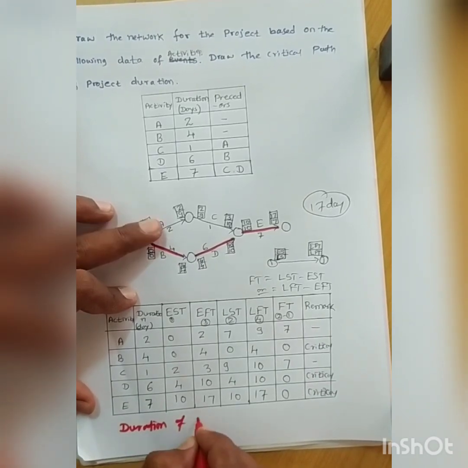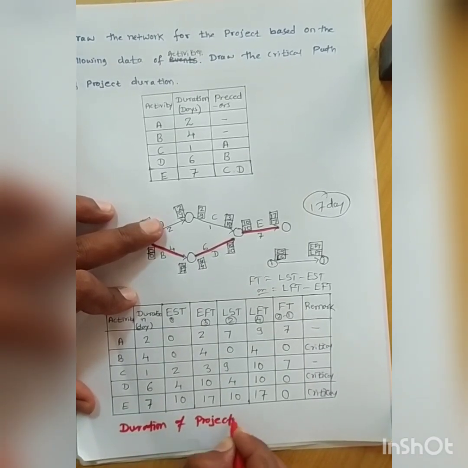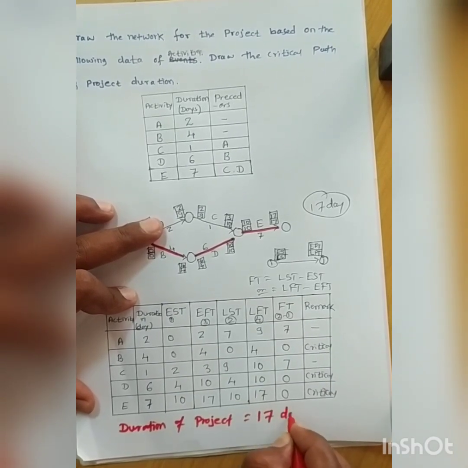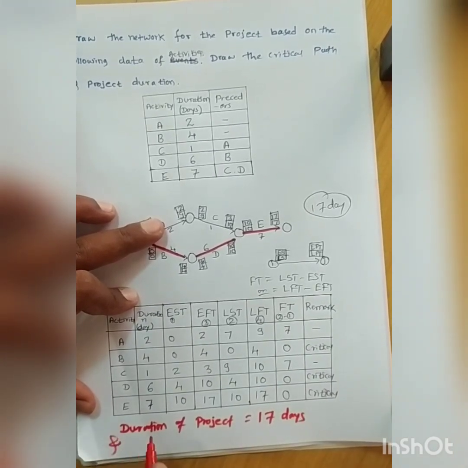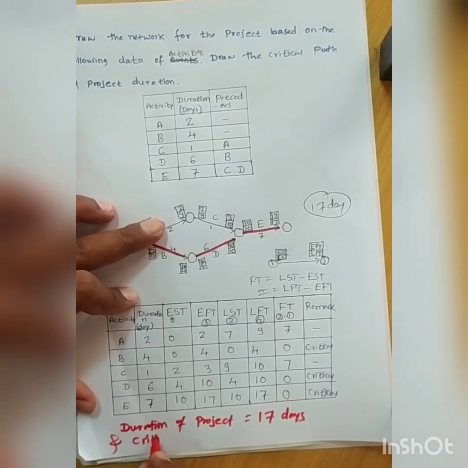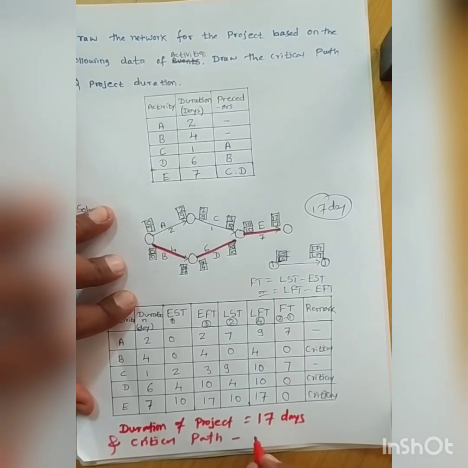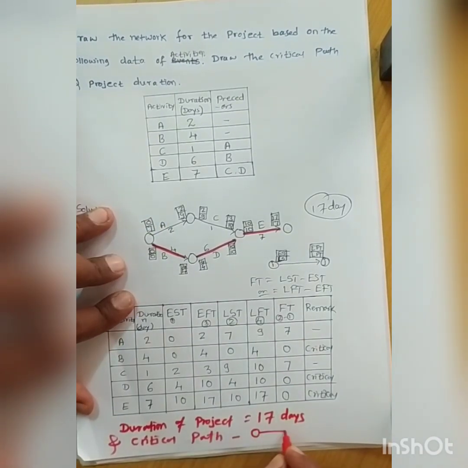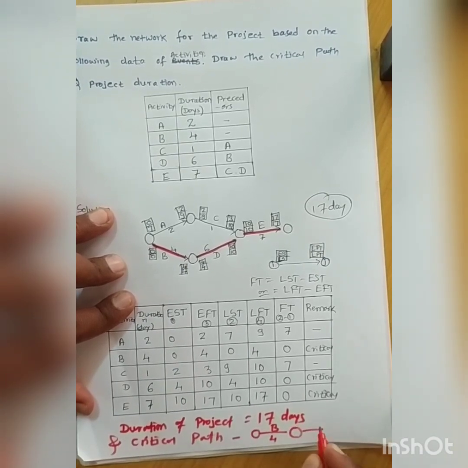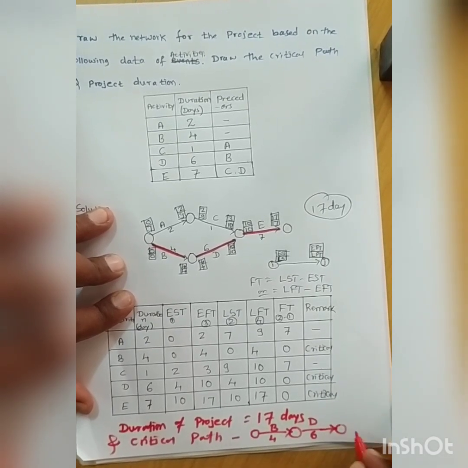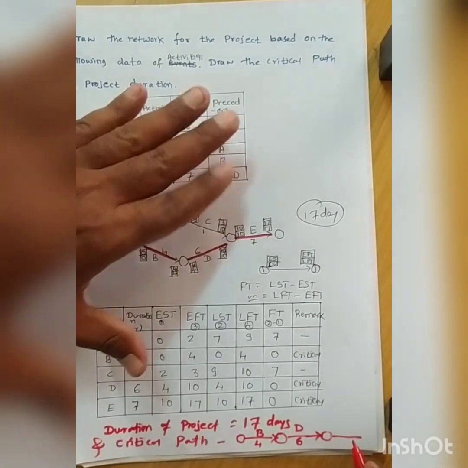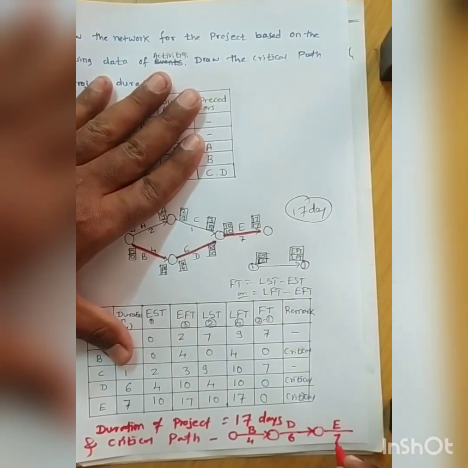The duration of the project is 17 days, and the critical path is B, 4 days, D, 6 days, and E, 7 days.